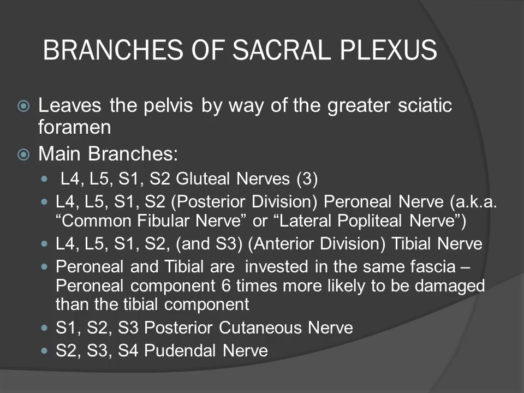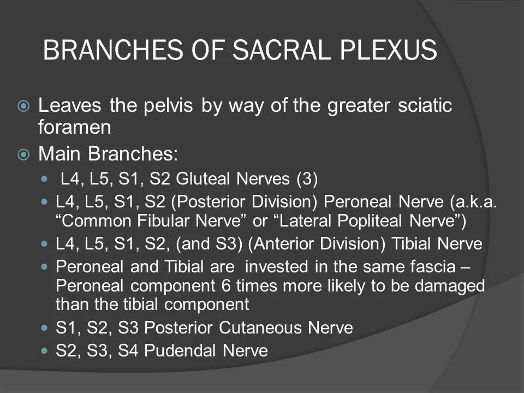Sometimes it's known as the lateral popliteal nerve because it's found in the lateral part of the popliteus versus the tibial nerve, which travels down in the medial part of the popliteus. From the anterior divisions of L4, L5, S1, S2, and S3, we have the tibial nerve.